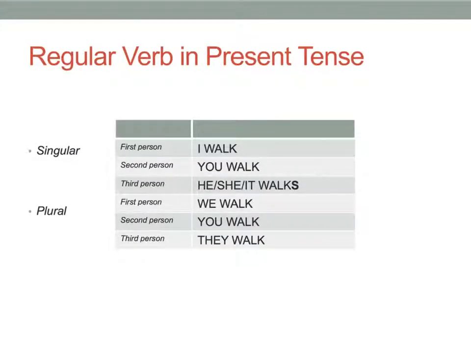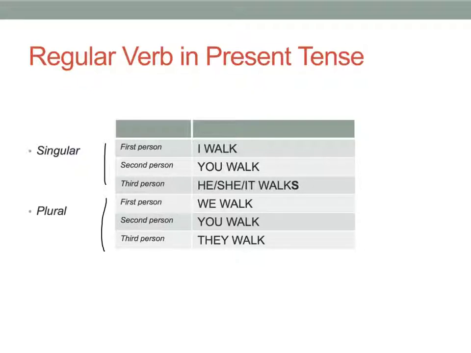To conjugate a verb, make a list of the 6 voices, 3 in the singular and 3 in the plural, that are going to be paired with the verb. The first person voice is when you say I. The second is when you say you. Third person of the singular is he, she, and it.